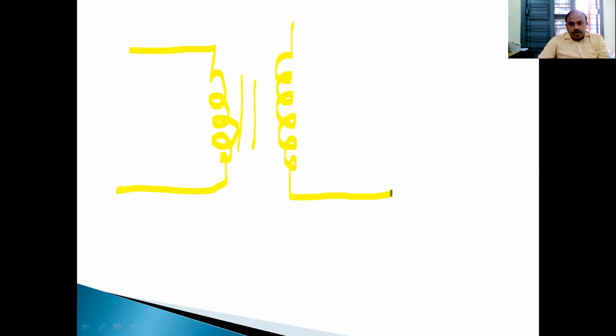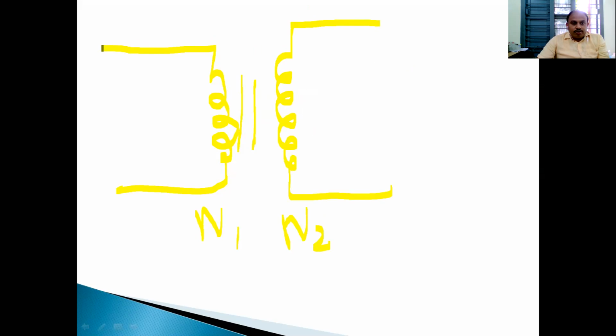So this is the transformer primary winding, the core of the transformer, and the secondary winding of the transformer. This is a step-up transformer because the primary has N1 turns and the secondary has more turns, that is N2. More turns means a step-up transformer.